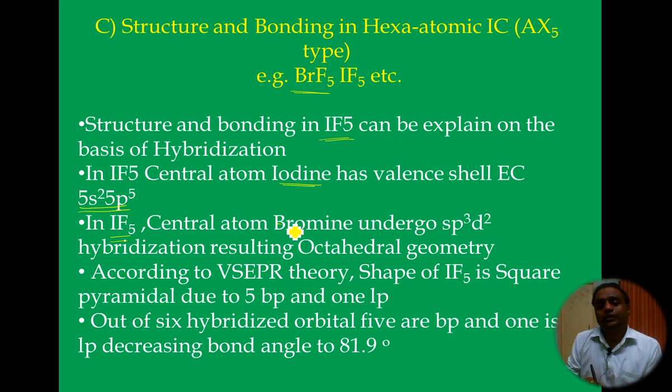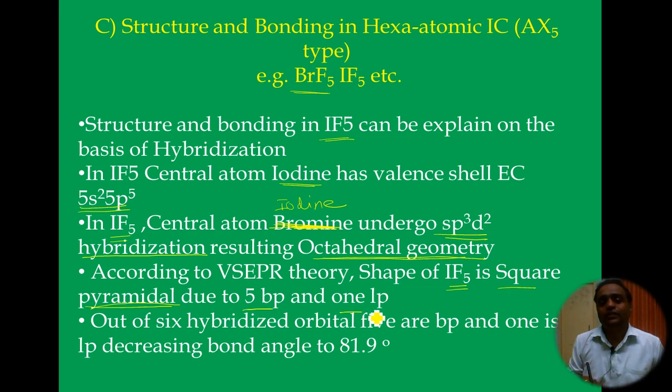The central atom iodine undergoes sp3d2 hybridization, resulting in octahedral geometry. According to VSEPR theory, the shape of IF5 is square pyramidal due to 5 bond pairs and 1 lone pair.